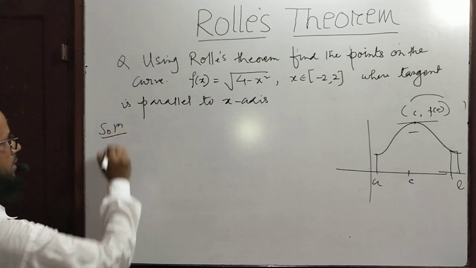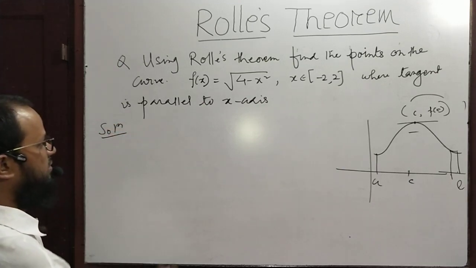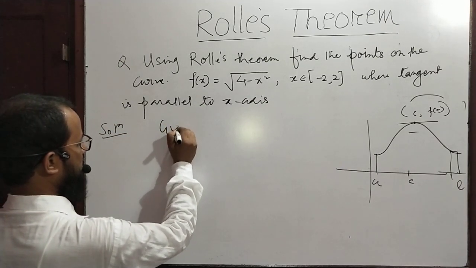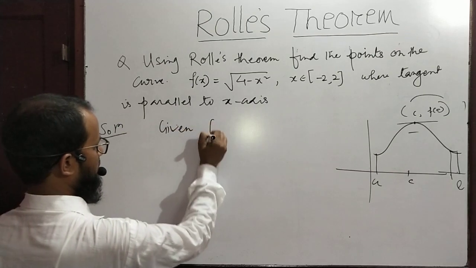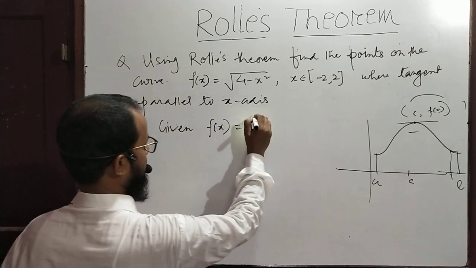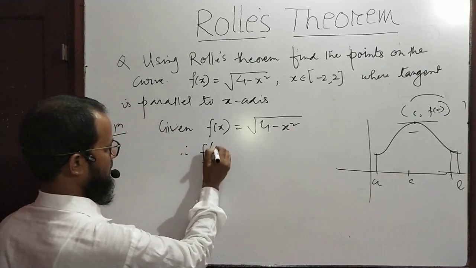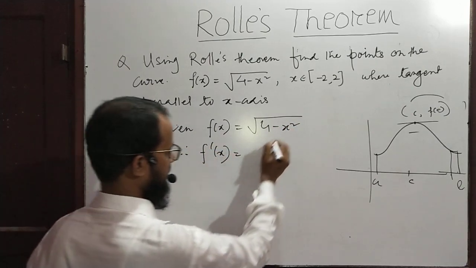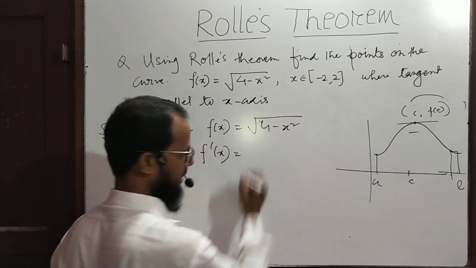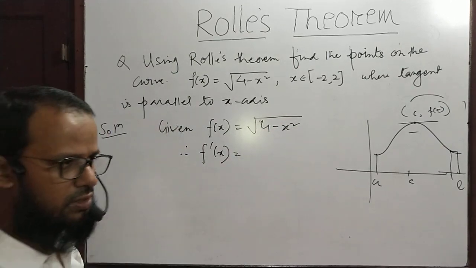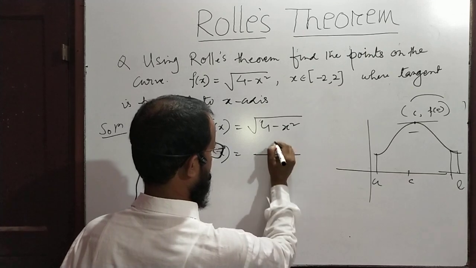So first you see whether the conditions are satisfied or not. Given function is f(x) equal to root over 4 minus x square. If you differentiate, you consider this is your x, and we know that the derivative of root x is equal to 1 by 2 root x.